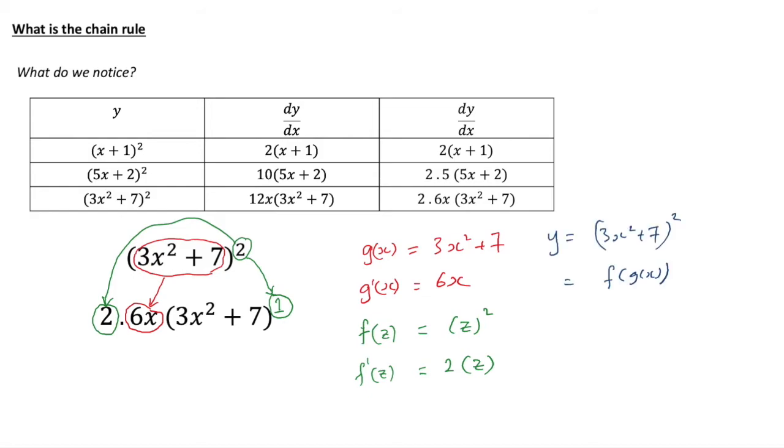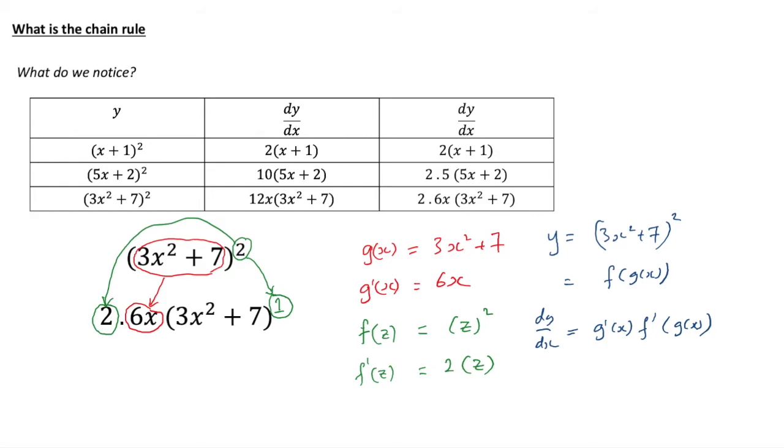So we have y equals (3x squared plus 7) squared. As I mentioned, the 3x squared plus 7 is our g of x, so that goes inside the bracket, and f, which is z squared, then acts on it. So when we differentiate, what have we got?